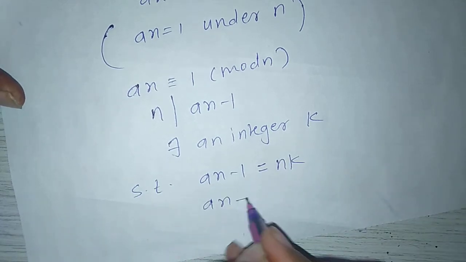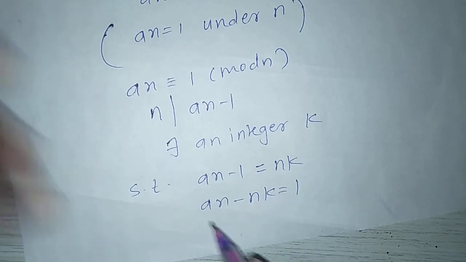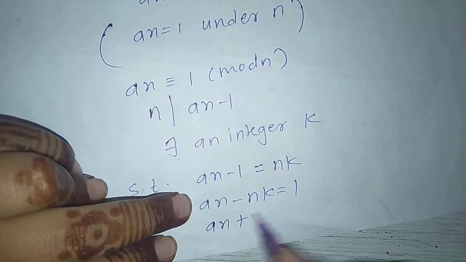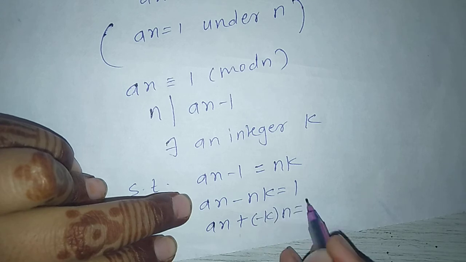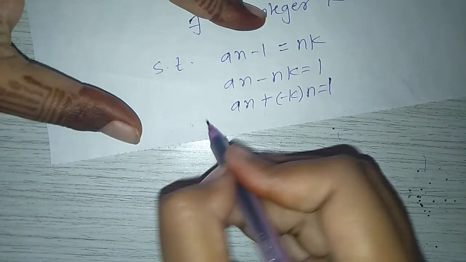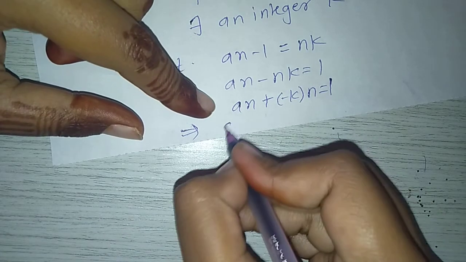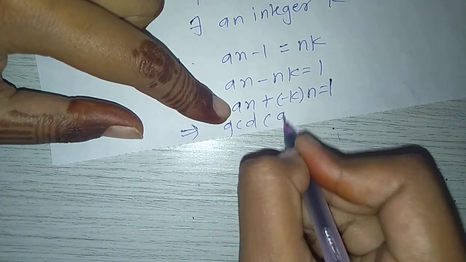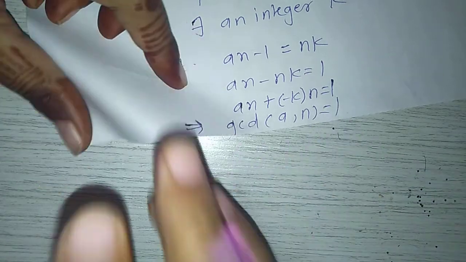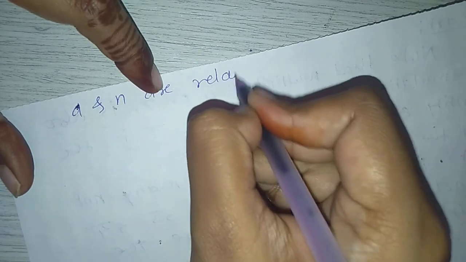So a into x minus nk equals 1, means a into x plus minus k into n equals 1, which implies by the result of GCD we get GCD of a and n equal to 1, means a and n are relatively prime.